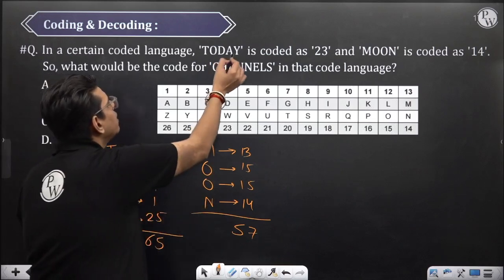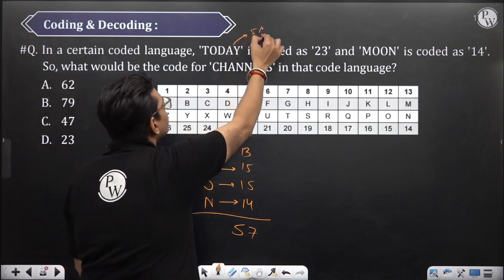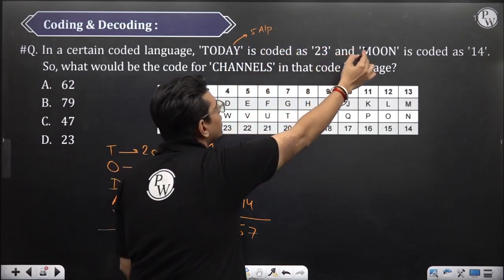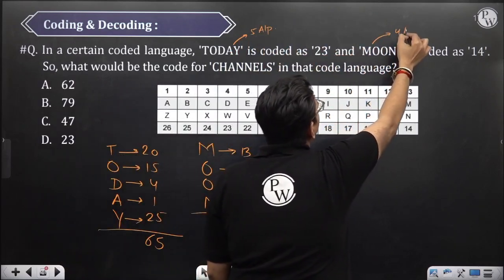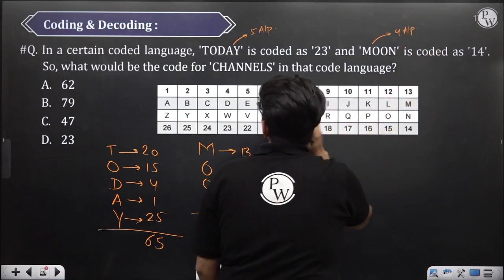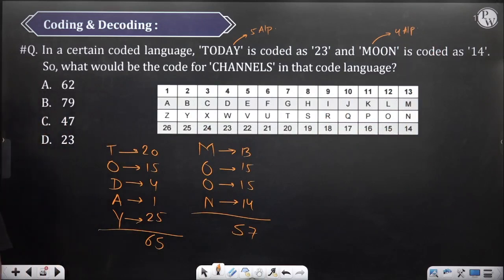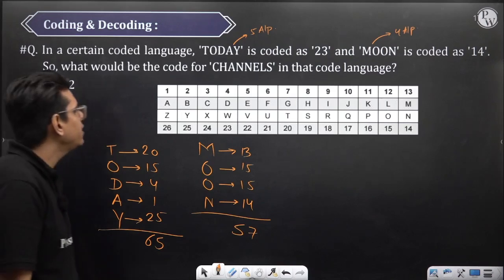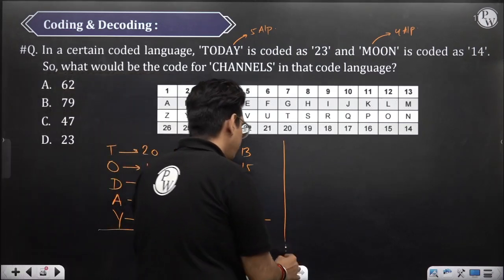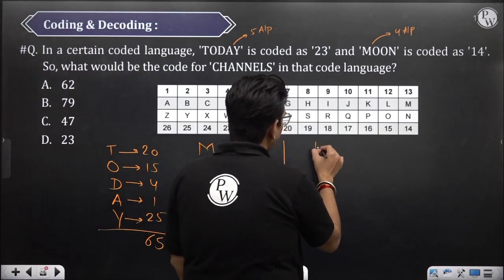There are 5 alphabets here and 4 alphabets here. So is there any pattern from 4 and 5 alphabets? Is some pattern coming up? The pattern for this difficult question is the number of alphabets.